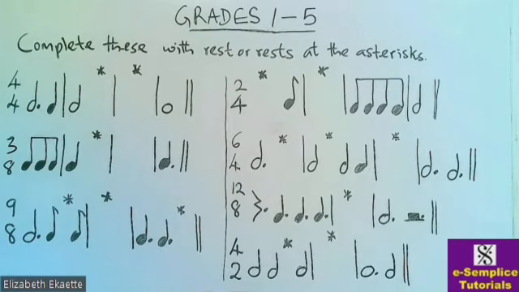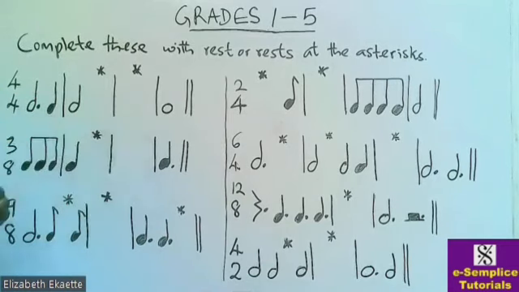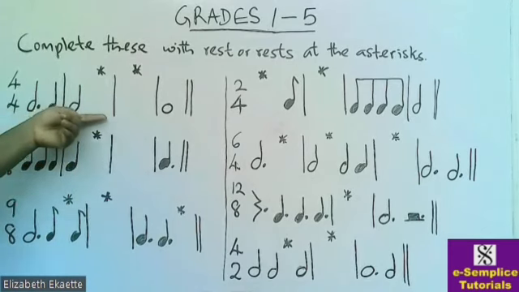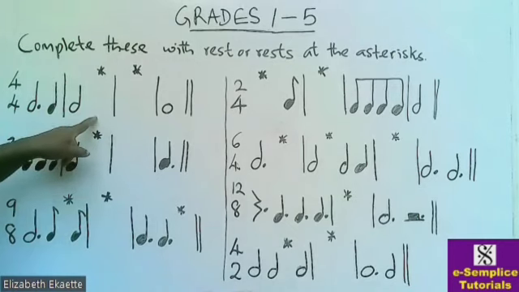The first question here is in 4/4 time. Looking at it, the first bar is balanced, but the second bar is not. So we want to use a rest to fill this place. Which rest do you think is most appropriate to fill here?